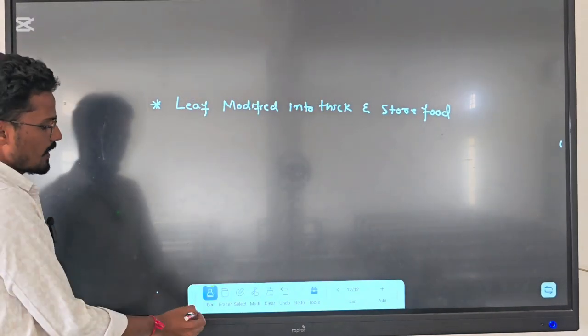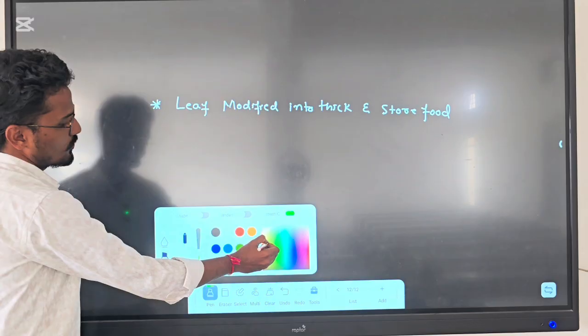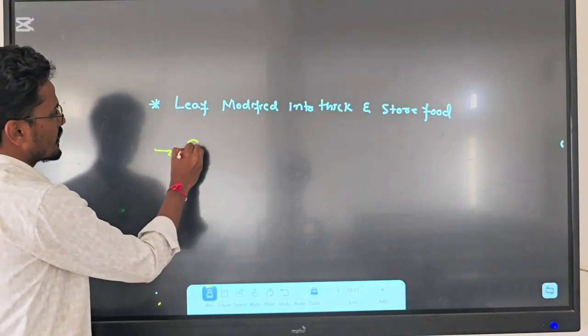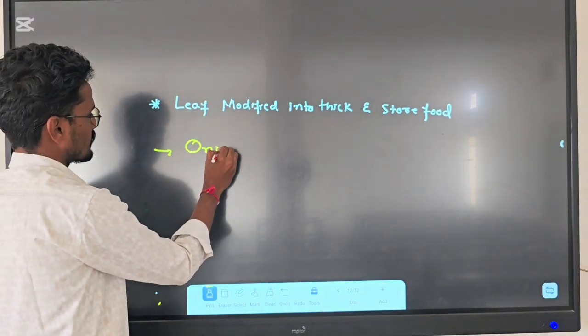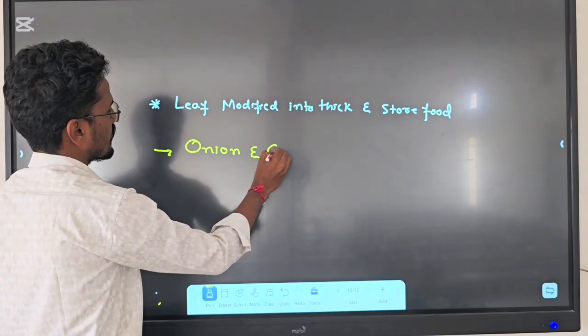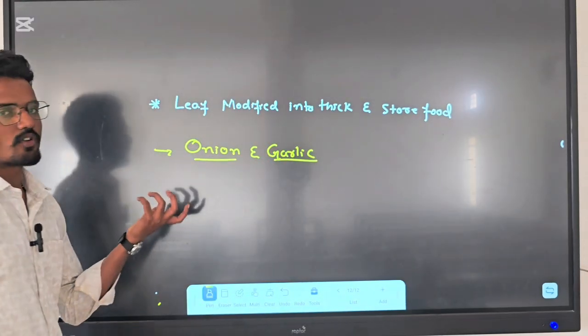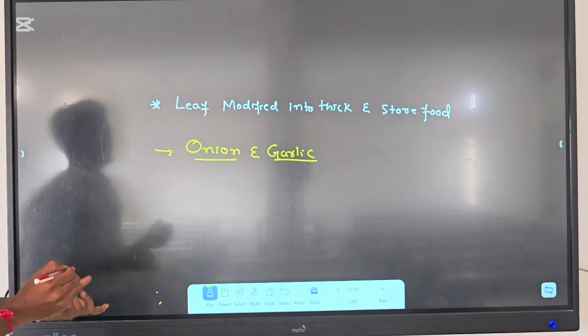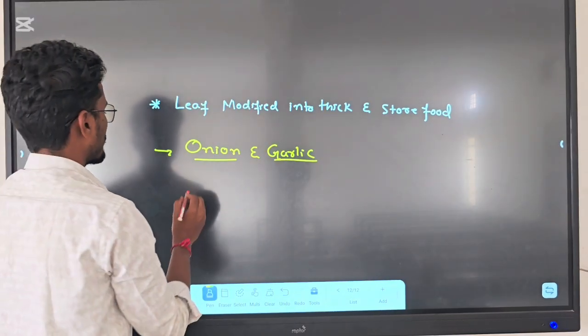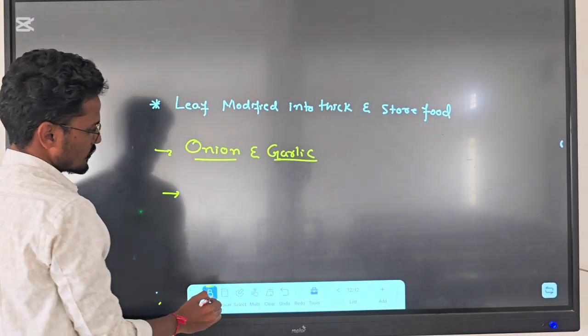For example, as your NCERT mentioned, there are two examples: one is onion, another one is garlic. These two are the best examples for storage leaf. These are leaf modifications where they perform storage.